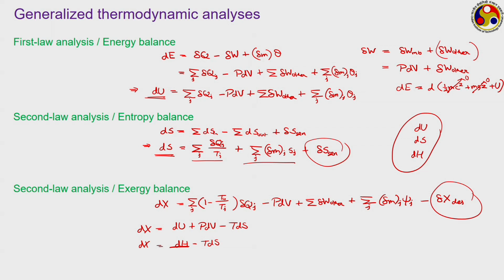However, the basic conservation or balance equations of thermodynamics are given not in terms of those properties, but in terms of changes in internal energy, enthalpy and entropy, and none of them can be measured directly. That is where we need to develop certain property relations where we can represent the change in these parameters in terms of the measurable parameters.